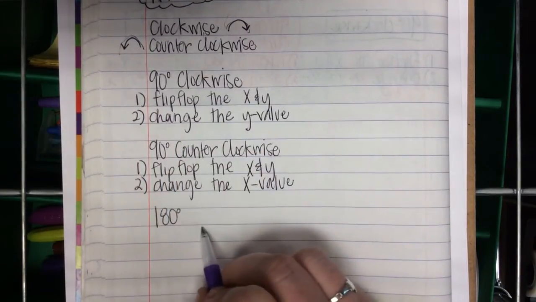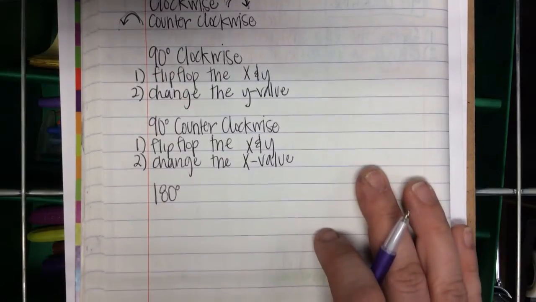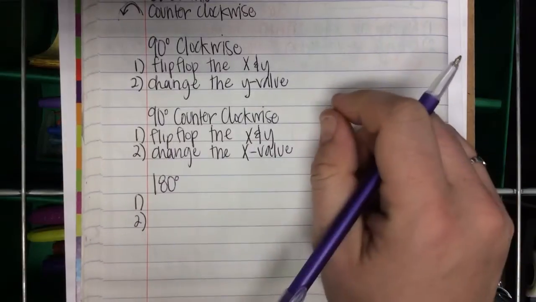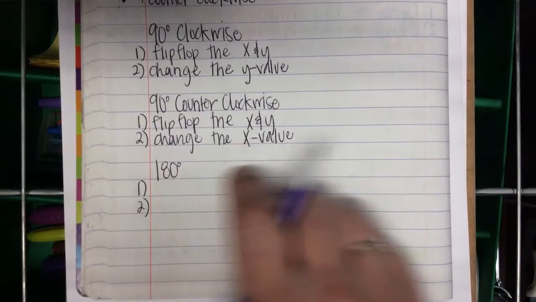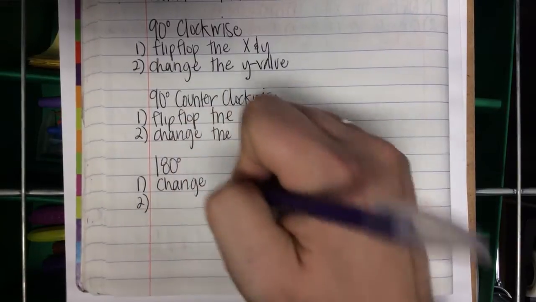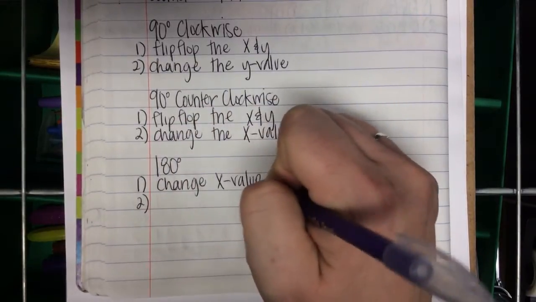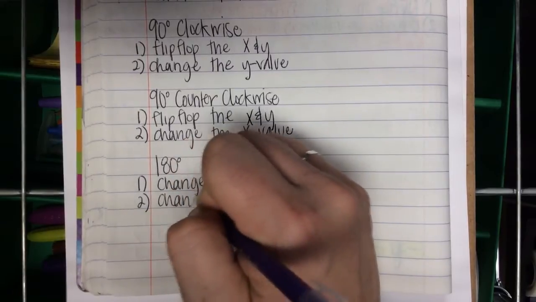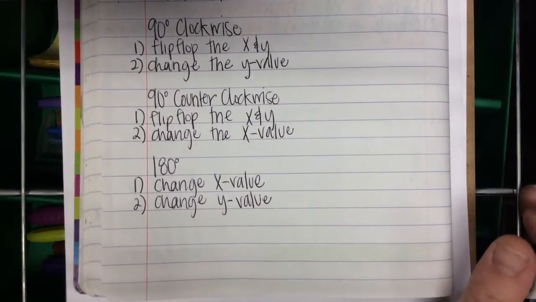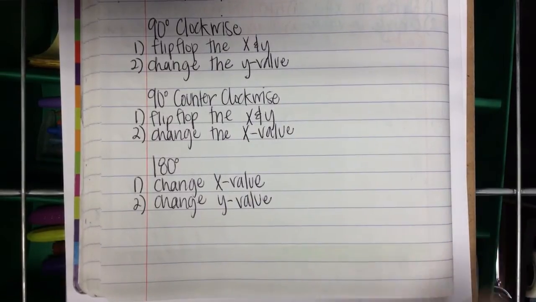Does it have clockwise or counterclockwise? No, it's just 180. And there's no flip-flopping with the 180. You just change the X value and you change the Y value. Rotations are the hardest because there are so many rules and you just have to memorize the rules.